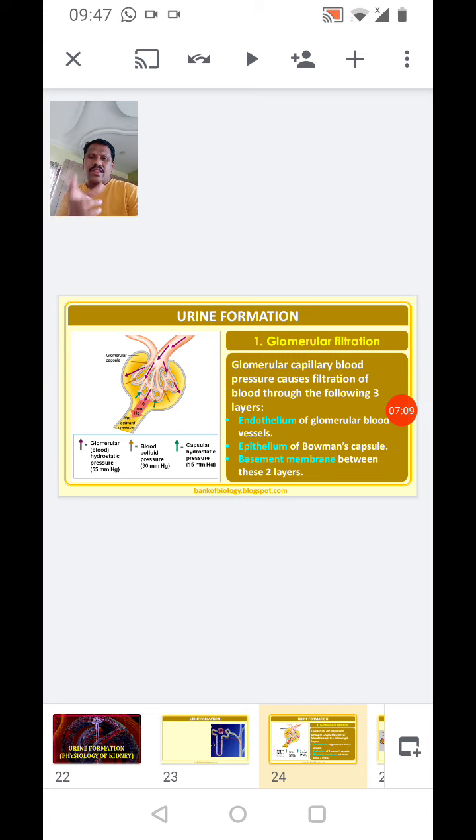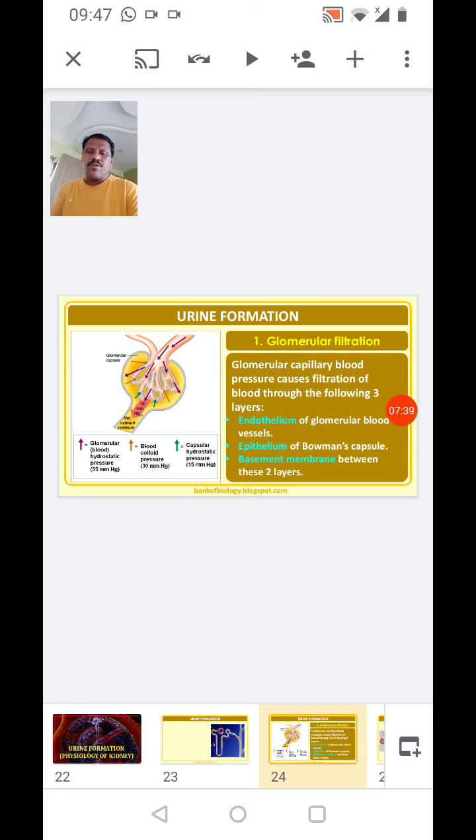That means the other two pressures work against the filtration of the blood: the glomerular colloidal osmotic pressure, which is 32 millimeters, and the hydrostatic pressure of the Bowman's capsule, which is about 18.